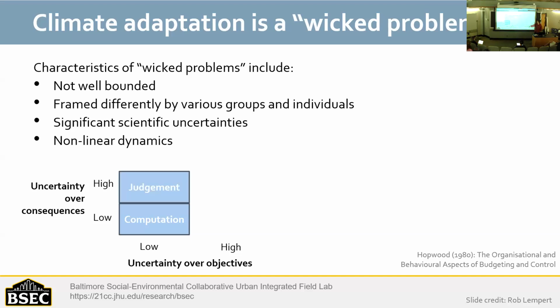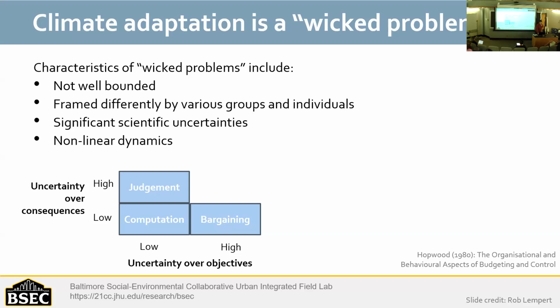When I have uncertainty over future outcomes, I need to bring in human judgment, usually in the form of an expert, a scientist that can tell me what's more likely than something else. And when I have uncertainty over values, because maybe there are many stakeholders, that's when bargaining or negotiation has to take place to figure out what we want to do.